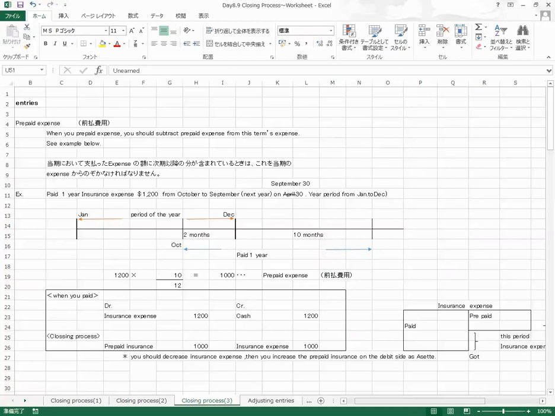Yes, because if we paid this year 2 months insurance, and the 10-month insurance is passed on to next year, that means it is an advance, right? Yeah, in English that is true, but in accounting, we call it just prepaid expense, not advance. But the meaning is the same.